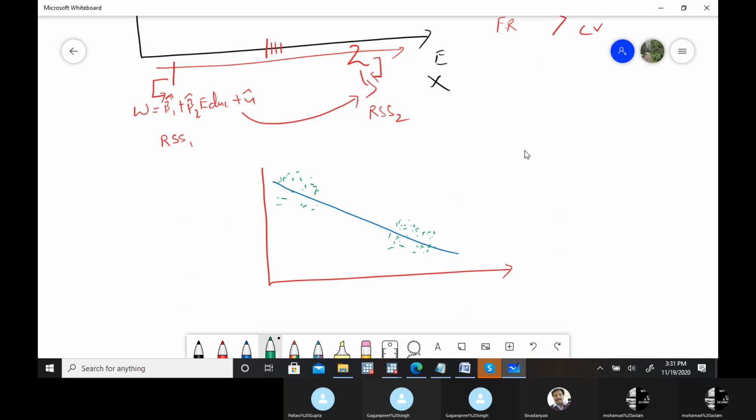Because accordingly, you have to keep the thing in numerator and denominator. So just think which one is higher. One is saying this one.